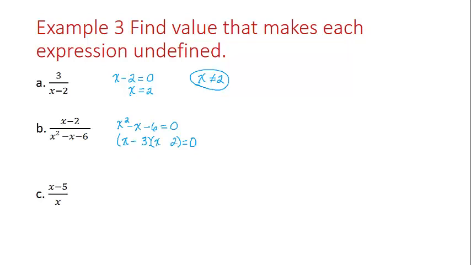The larger of those factors needs to be negative, so x minus 3 times x plus 2. Then setting those factors equal to 0, we get that x is equal to 3, or x plus 2 is equal to 0, so x is negative 2. Therefore, the restrictions are that x cannot equal negative 2 or 3.